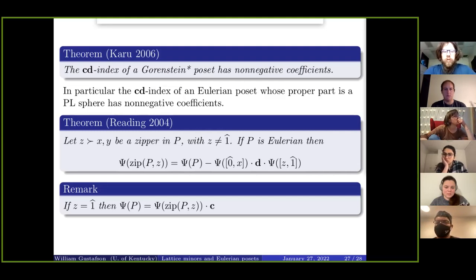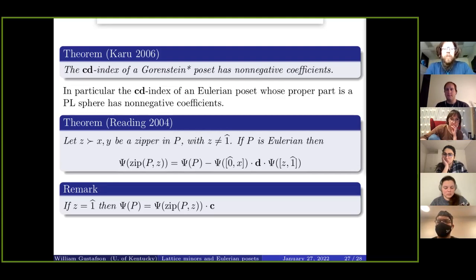Nathan Reading, when he introduced the zip operation, gave this formula for how it affects the CD index. If you zip an element which is not the maximum, then we subtract off this term here: the CD index of the lower interval up to one of the elements the zipper covers, times D, and then times the CD index from the zipper to the maximum element.